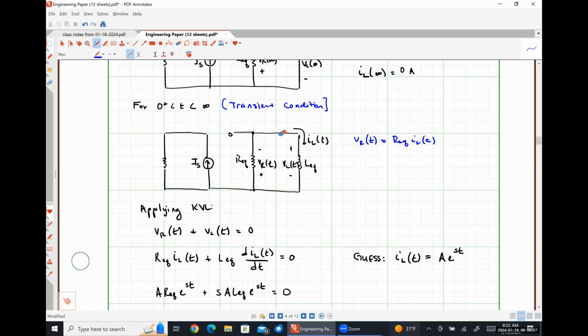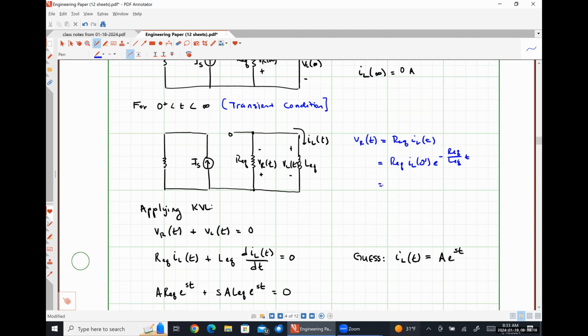So that means that during the transient condition, the voltage drop across our resistor is going to be Req times IL at 0+ e to the negative Req over Leq times time.